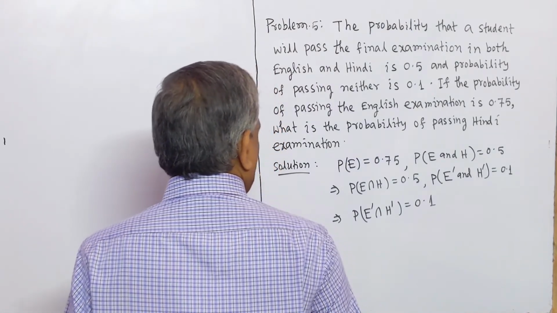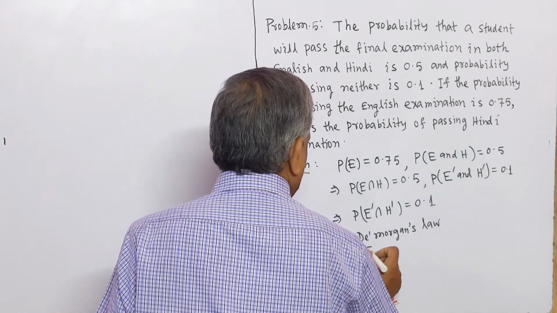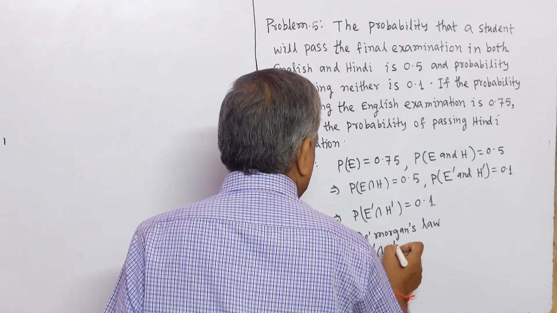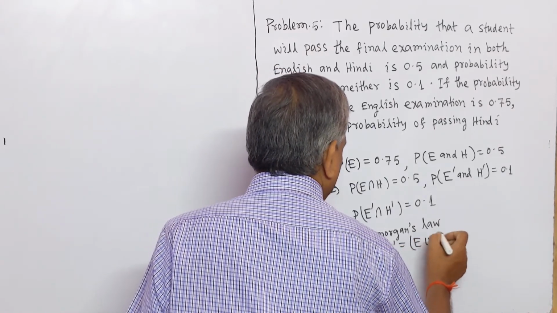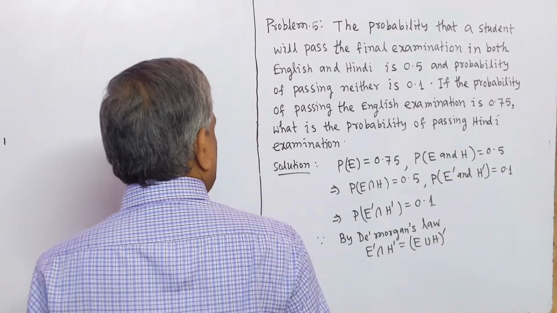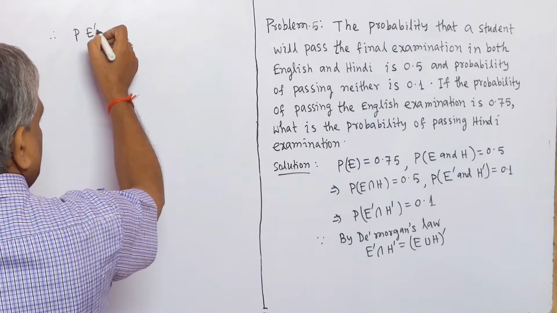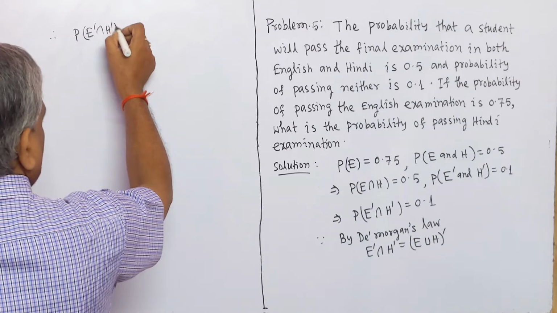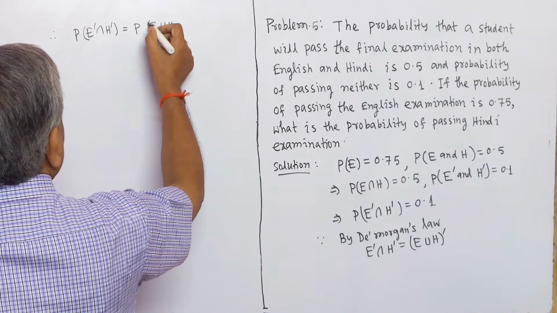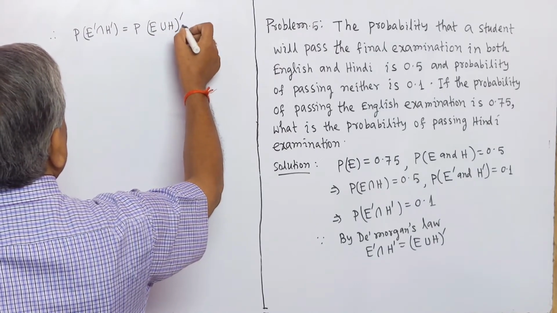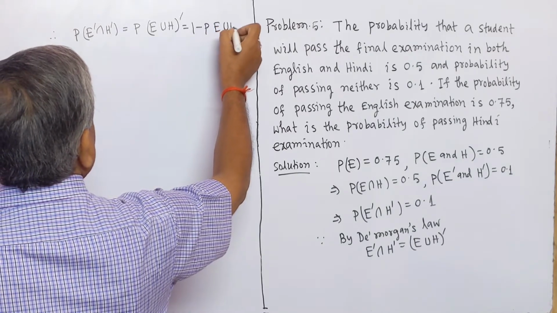Since by De Morgan's law, E prime intersect H prime equals (E union H) whole prime. Therefore, P(E prime intersect H prime) equals P((E union H) whole prime), and this equals 1 minus P(E union H).